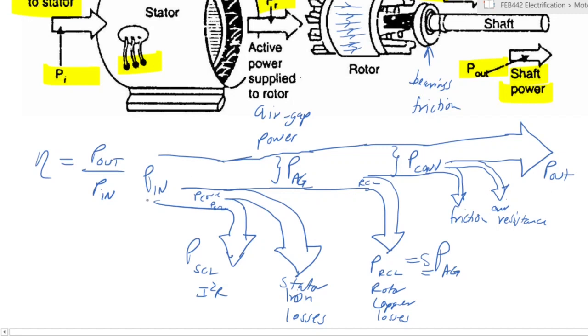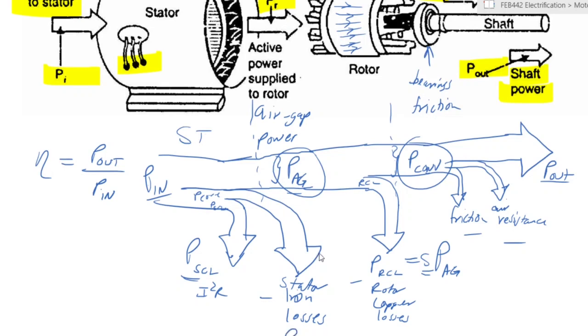Before you get from P in to P out, you can imagine that P out is equal to P in minus SCL, minus stator iron losses, minus rotor copper losses, minus friction, minus air resistance. And at each stage, this air gap power and this converted power are usable in various forms. So at this stage, it is at the stator. Let me put this in a different color.